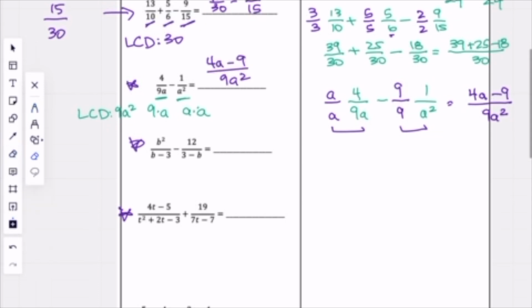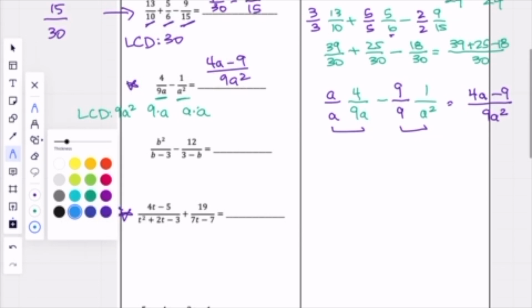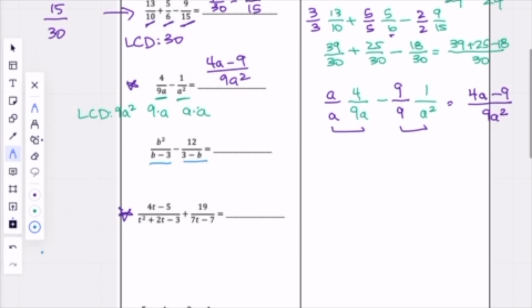All right, in this next example, notice that the denominators look very similar, but they're not exactly the same. Okay, we have b minus 3 and 3 minus b. Well, what that really means is we can take one of those and turn it into the other by multiplying it by -1. If I do that in the denominator, I'm also going to need to do it in the numerator.